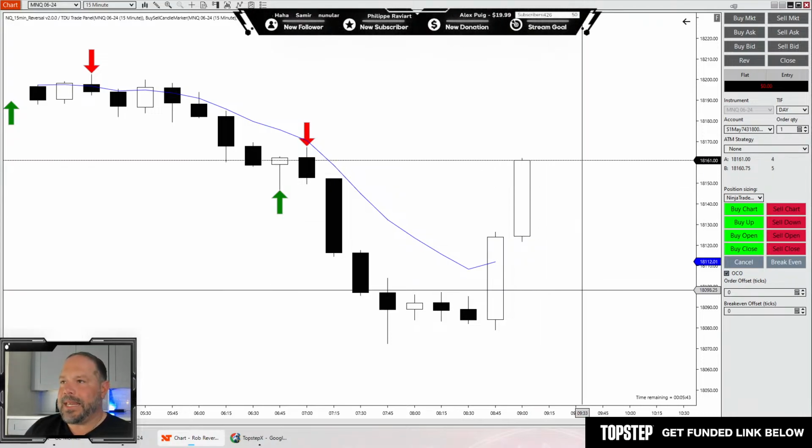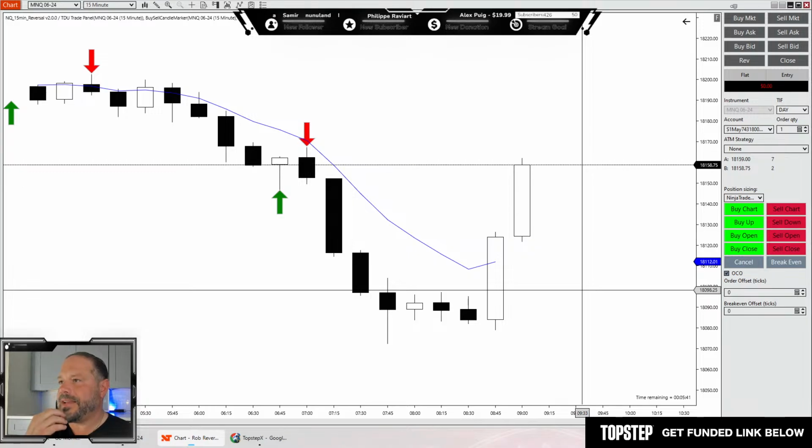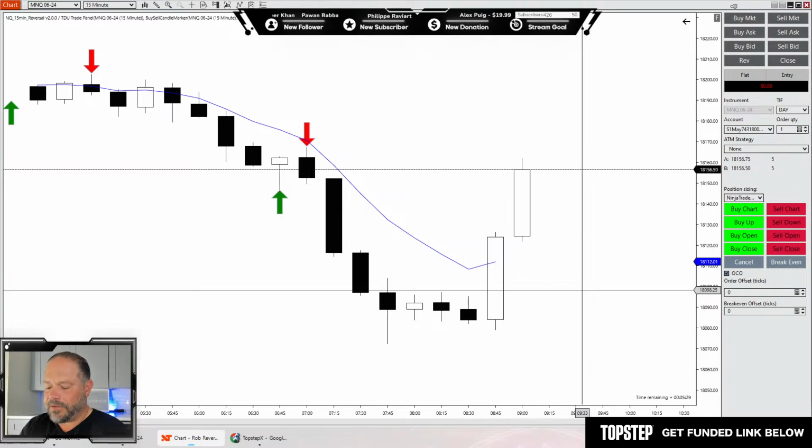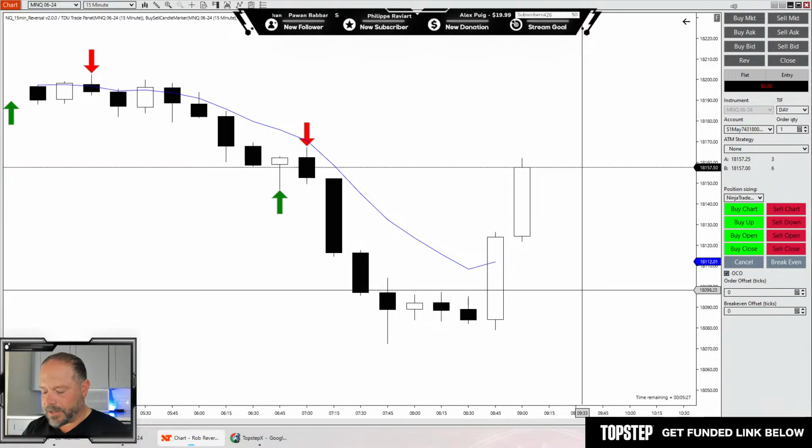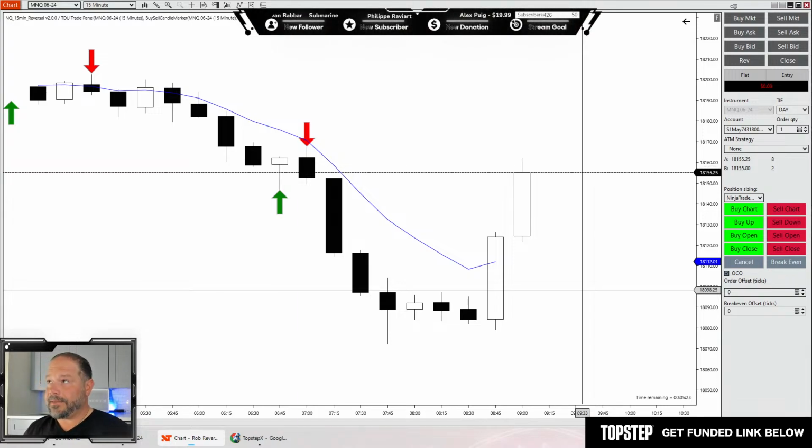On my cash account, I reduced my lot size down to only 2 micros of the MNQ, because I started to see a very strong pattern in February, March, and April, where when the Rob reversal would hit for profit, that thing just keeps going.